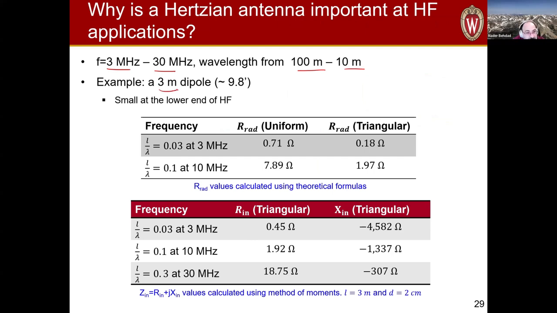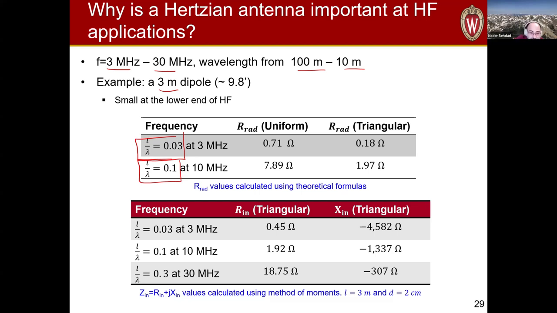This is almost 10 feet long, which is physically a pretty large antenna, but it is going to be extremely small electrically speaking. At 3 megahertz, it's only 3/100ths of a wavelength, and at 10 megahertz, it's only 1/10 of a wavelength. So over a good chunk of the HF frequency range, this antenna is pretty small electrically.